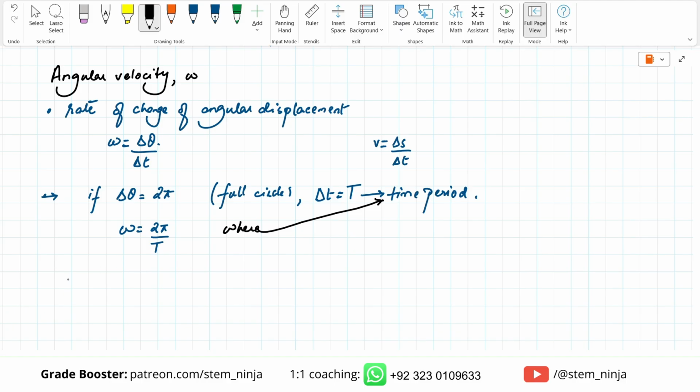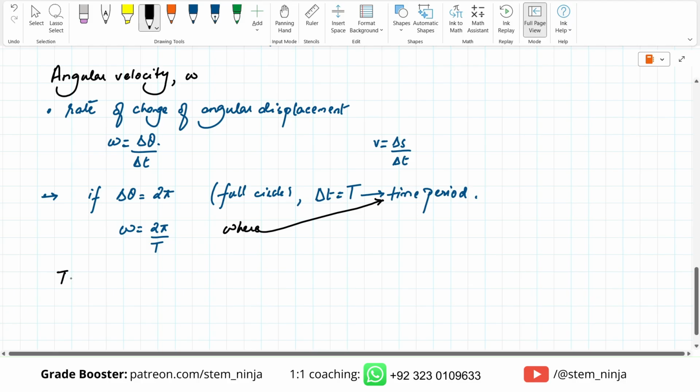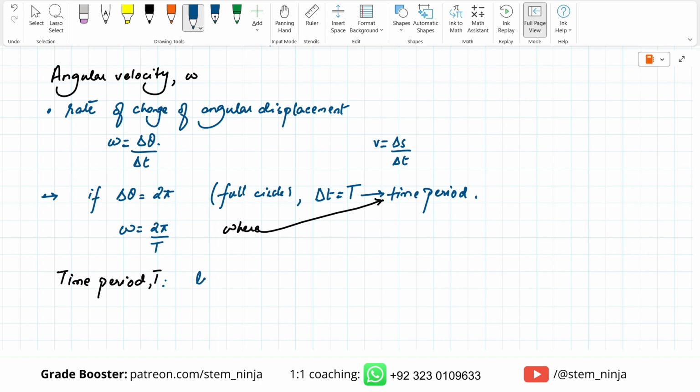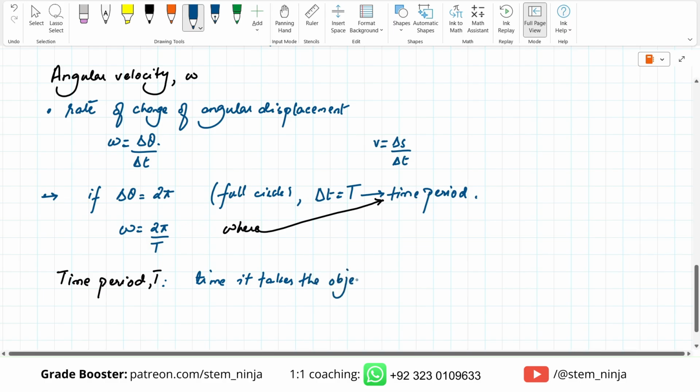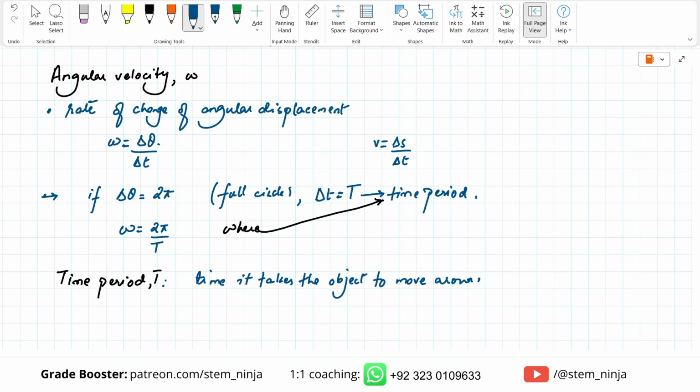You can also define the time period now. So time period t is the time it takes the object to move around the circular path.